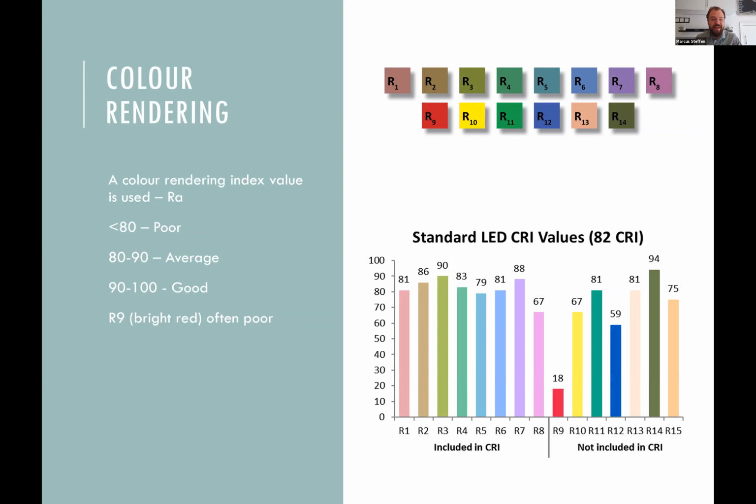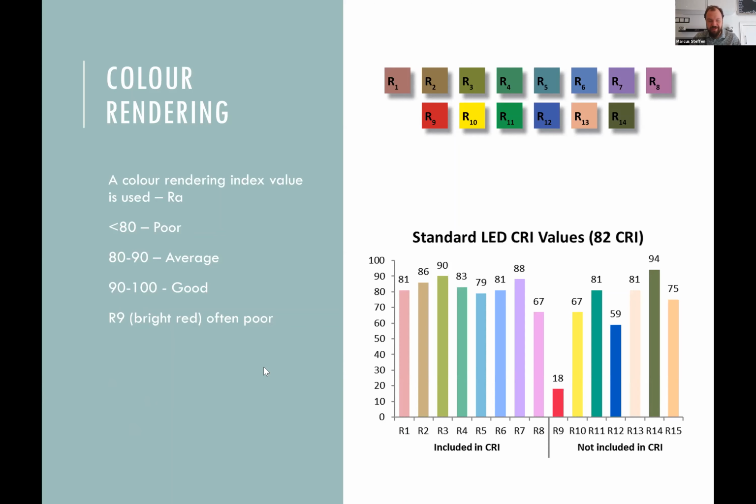If it's not critical, or if it's a more basic space or budget is concerned, then we'll go with something which is 80 to 90. It depends a little bit on the coloring within the space as well. So if we haven't got loads of reds and things like that, we might not push it because there is an additional cost involved in that. And it's whether or not that's going to be possible for the client.